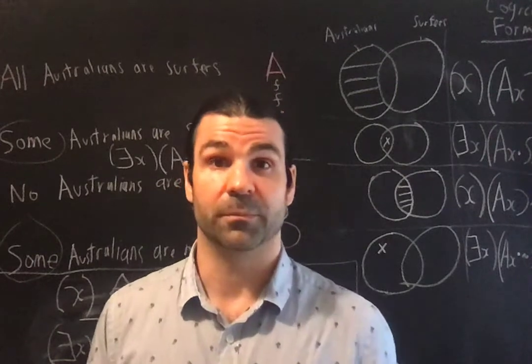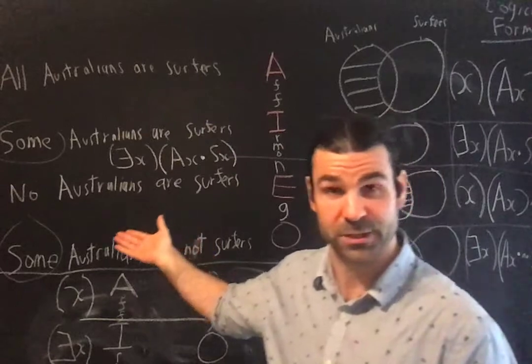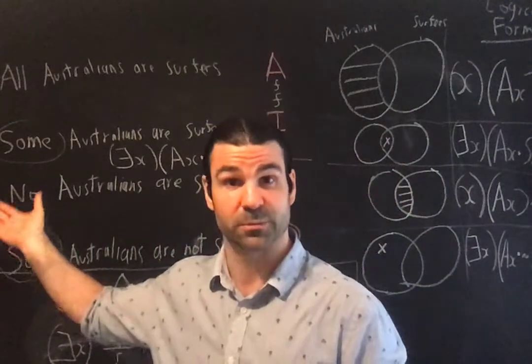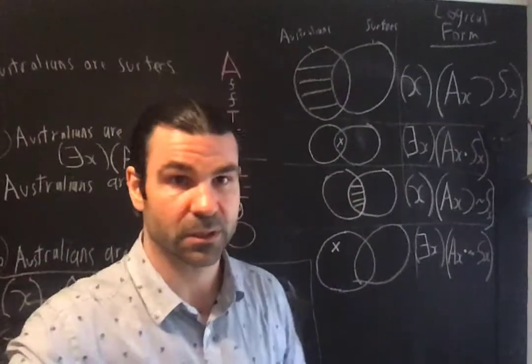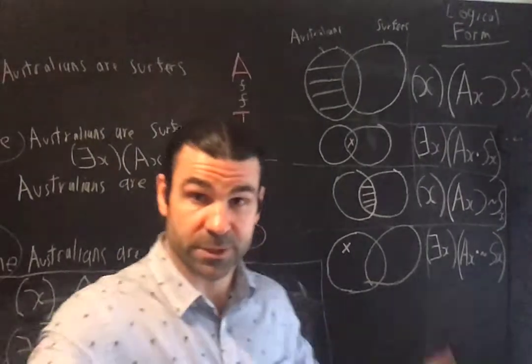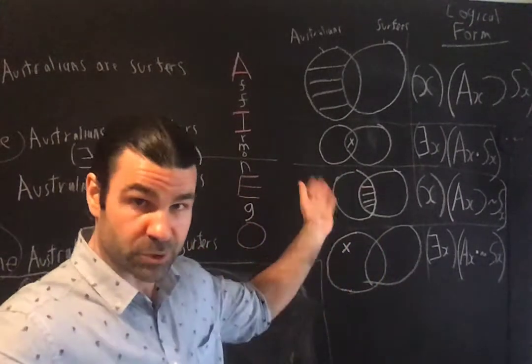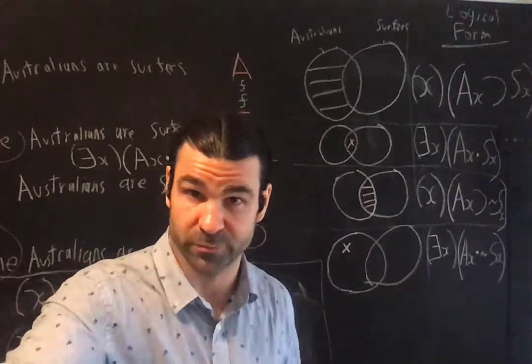Each categorical asserts a different kind of relation. What are these different kinds? We just went through them. Universal inclusion, particular inclusion, universal and particular exclusion, A, I, E and O. So in these Venn diagrams, the 2 circles are the subject class and the predicate class, which can be thought of as sets.